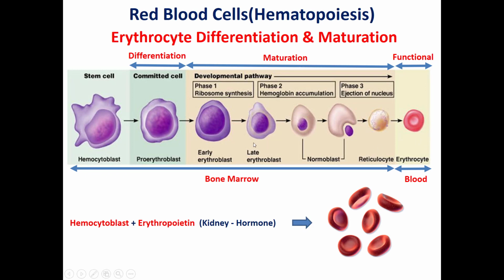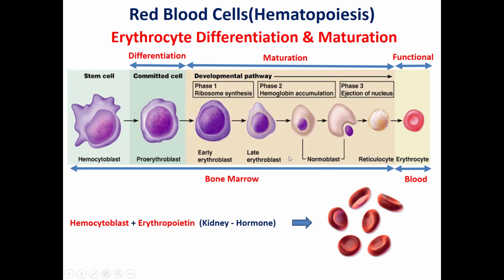bloodstream. So as we can see, these are the different phases for each hemocytoblast in order to become a blood cell. What we currently analyze using hematology analyzers are the blood cells inside the bloodstream.